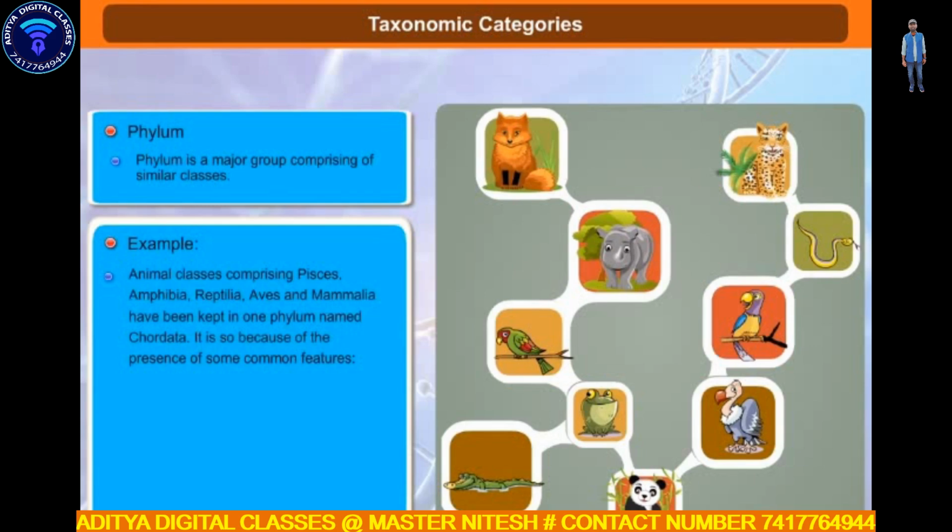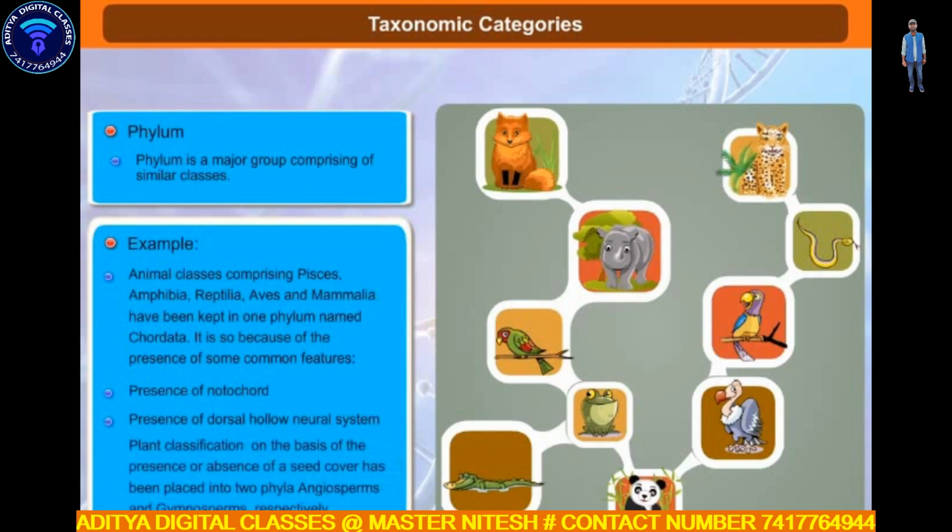It is so because of the presence of some common features: presence of notochord, presence of dorsal hollow neural system. Plant classification on the basis of the presence or absence of a seed cover has been placed into 2 phyla, Angiosperms and Gymnosperms respectively.